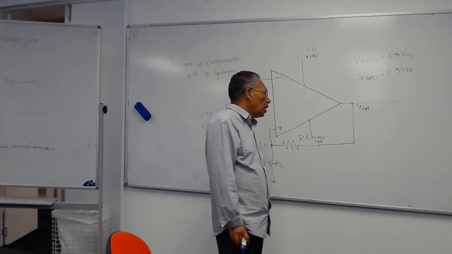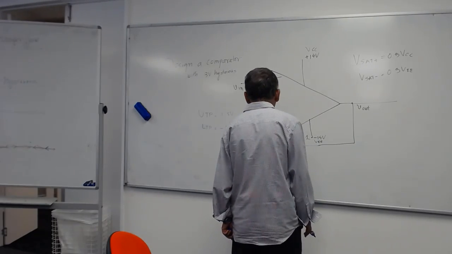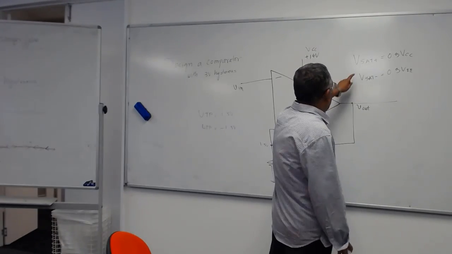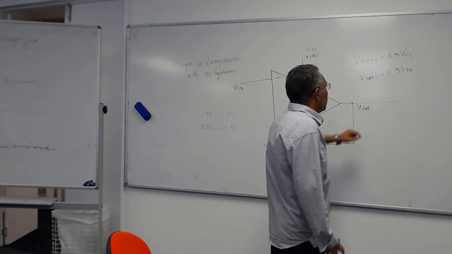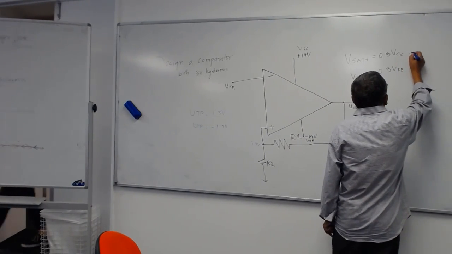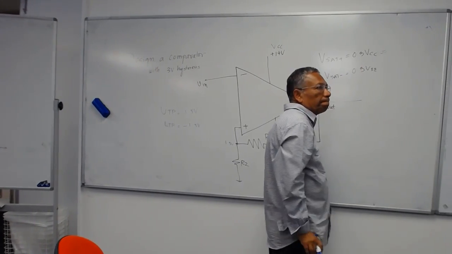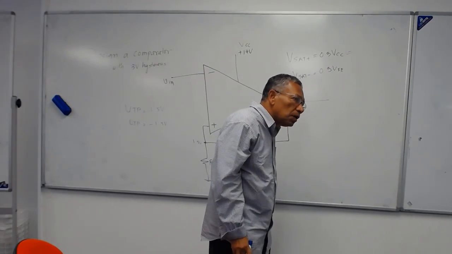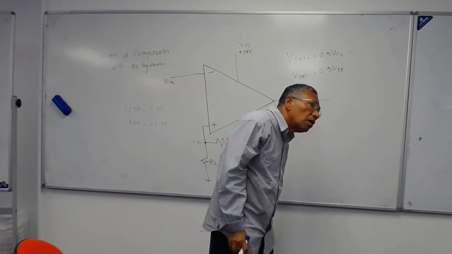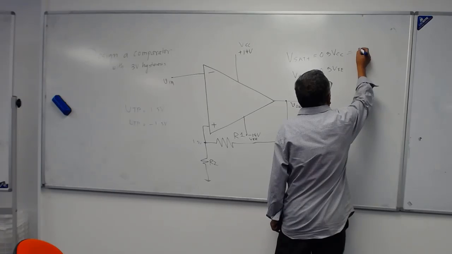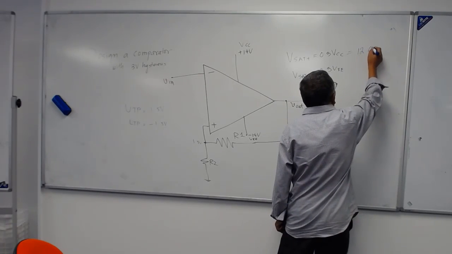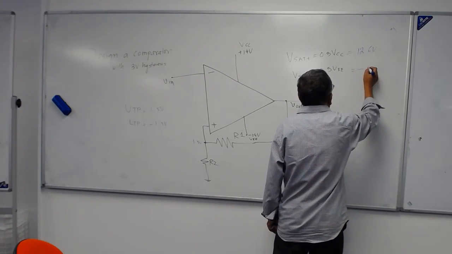You can take it when you are positive from V set plus, and when you are negative, you take it from V set minus. So how much is V set plus? 12.6. Okay, this is 12.6, and this is minus 12.6.